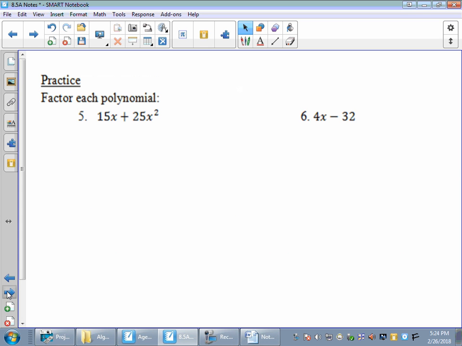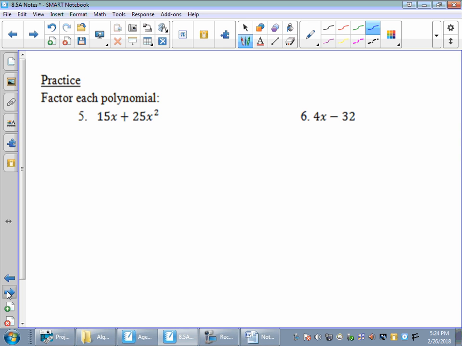So of course, let's go ahead and go through a couple of example problems. We already know what the answer for number 5 should be. It's that example from the distributive property up above. So let's go ahead and do number 6.